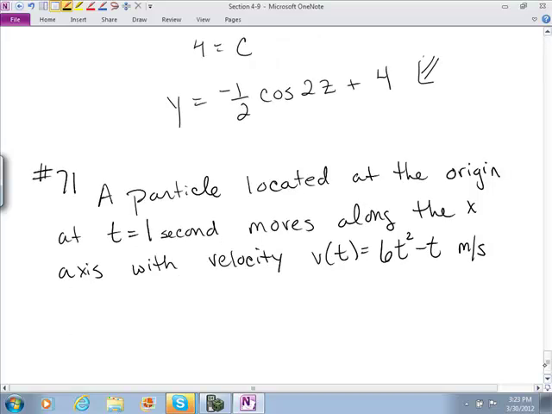And then it says, state the differential equation with the initial condition satisfied by the position s of t of the particle, and find s of t.